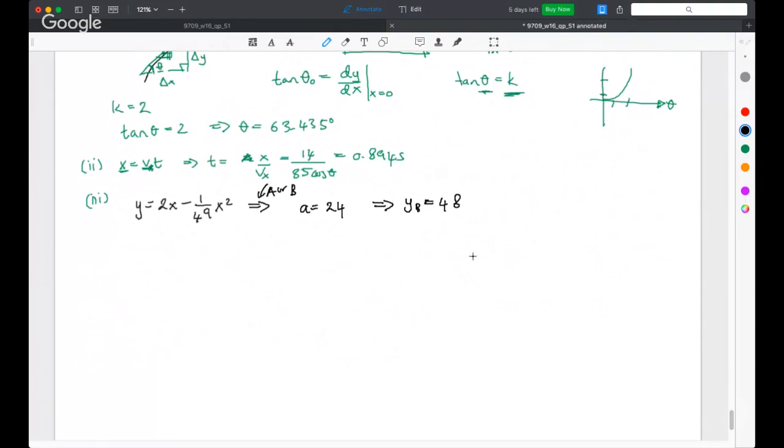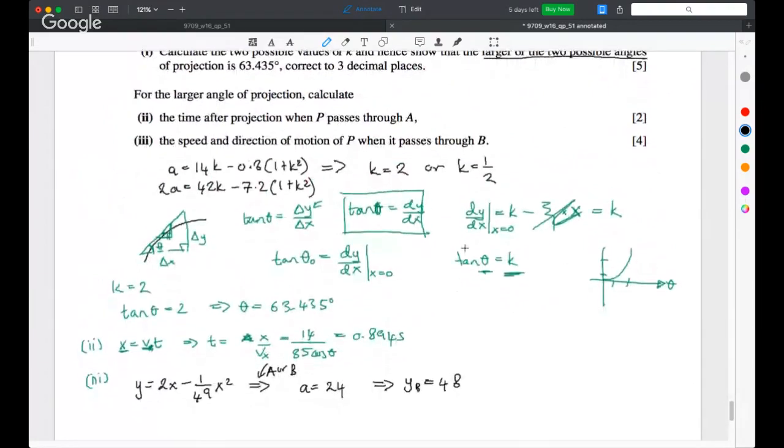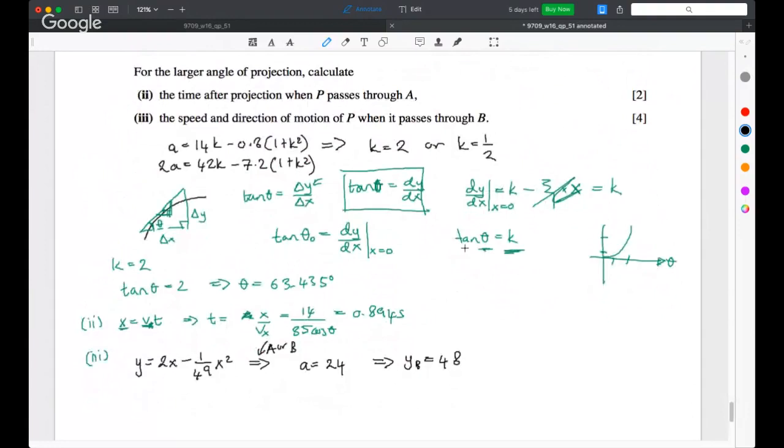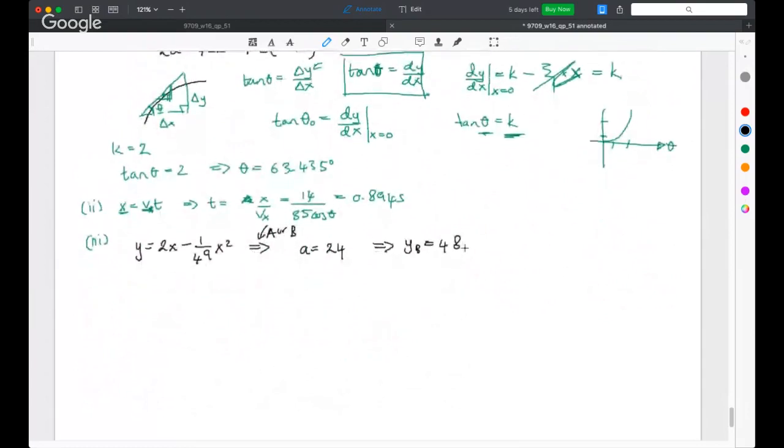So we can just use conservation of energy here again. Remember, it's not asking about time. So unless it's asking about time, try and avoid using kinematics, all those constant acceleration equations. Go straight for conservation of energy. So speed and direction of motion.